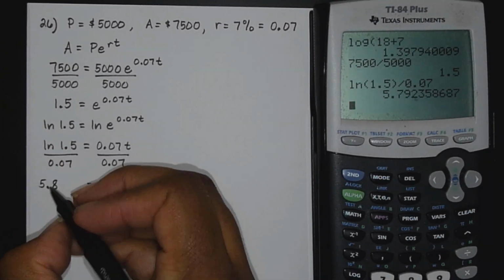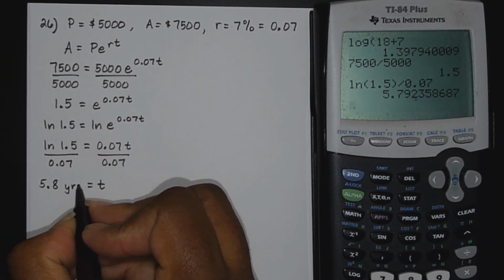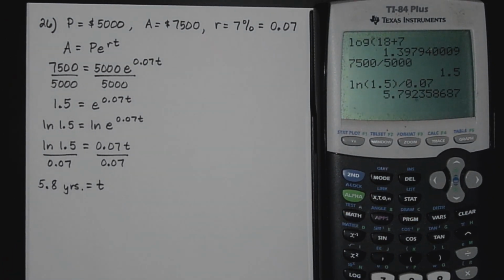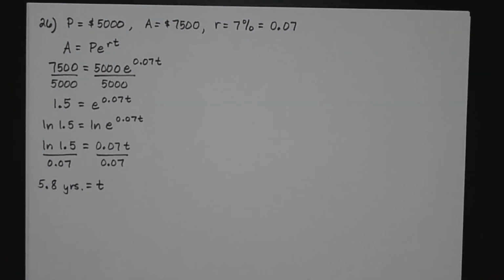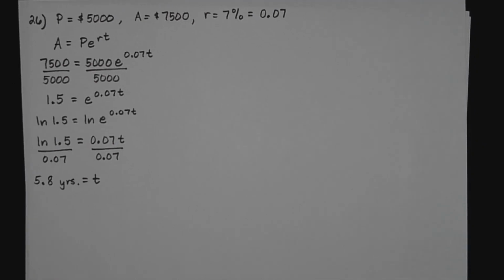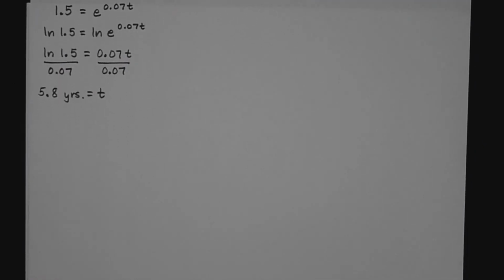And it'll be 5.8 years. So it's going to take approximately 5.8 years for a $5,000 investment to reach $7,500 at 7% compounded continuously. Any questions on number 26? All right, number 27.